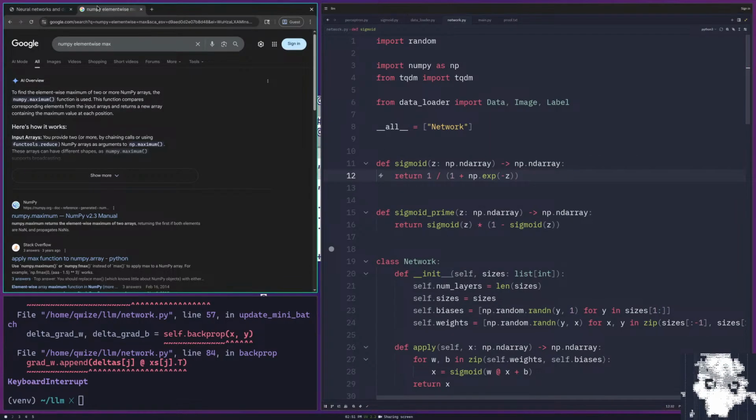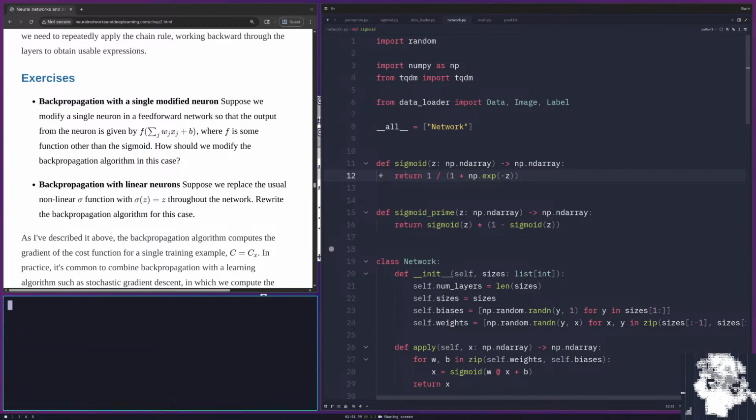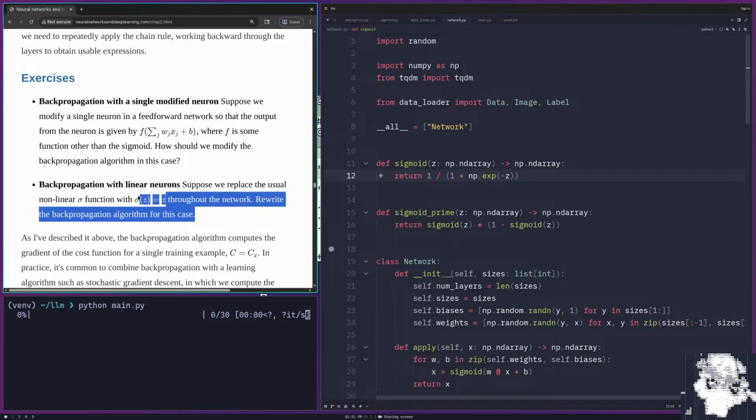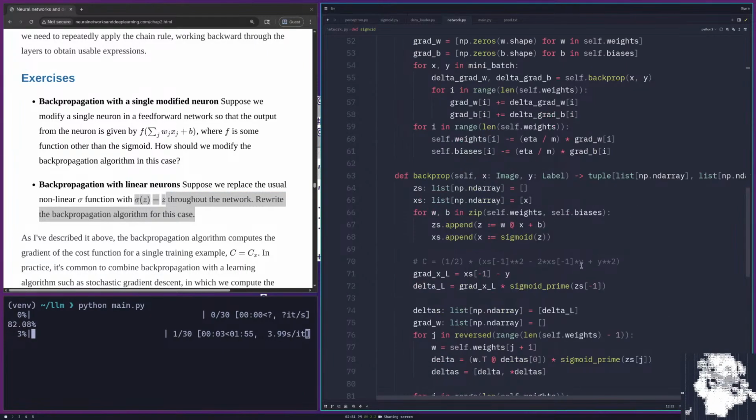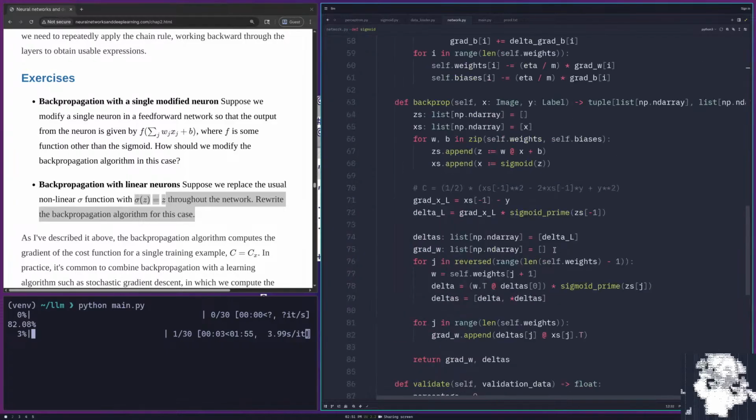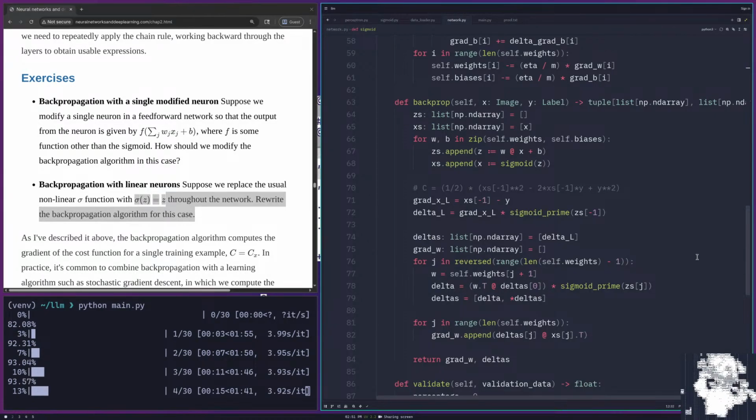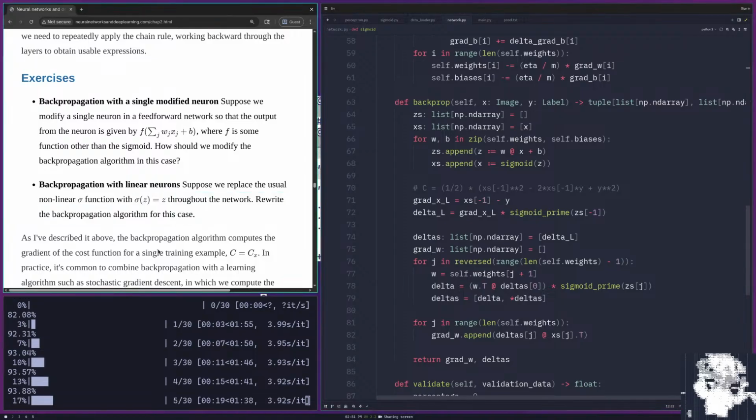We can figure that out later. But I have a feeling this should work, and it's not working for probably the same reason. So I don't know, should I figure it out right now? No, let's leave it for later.